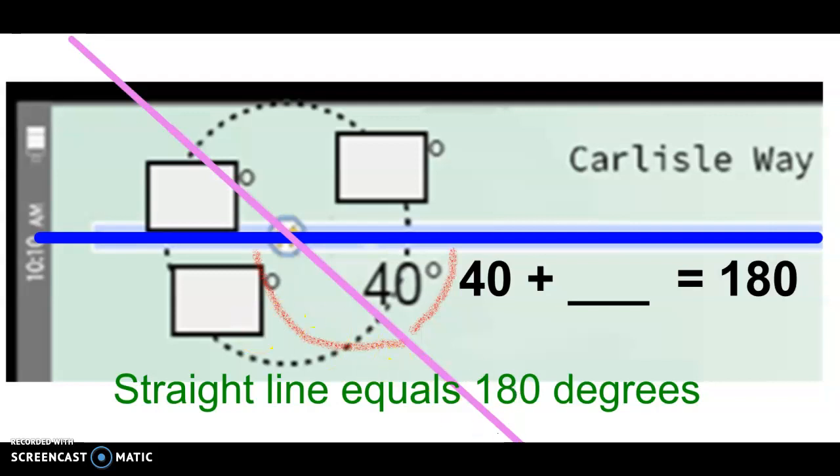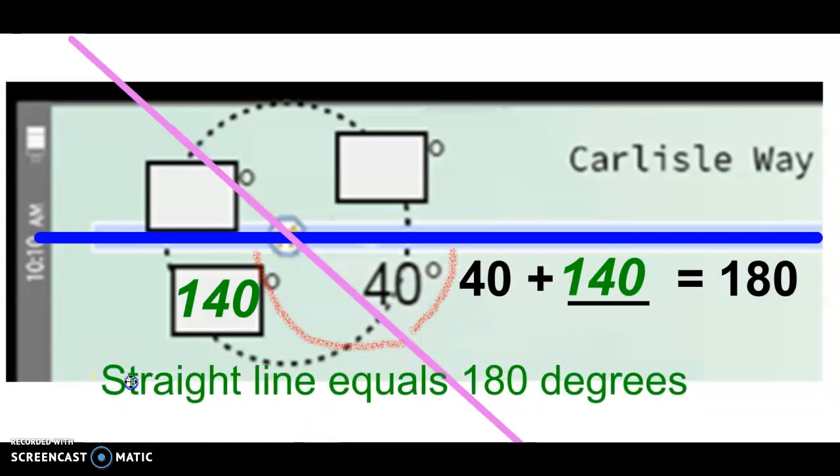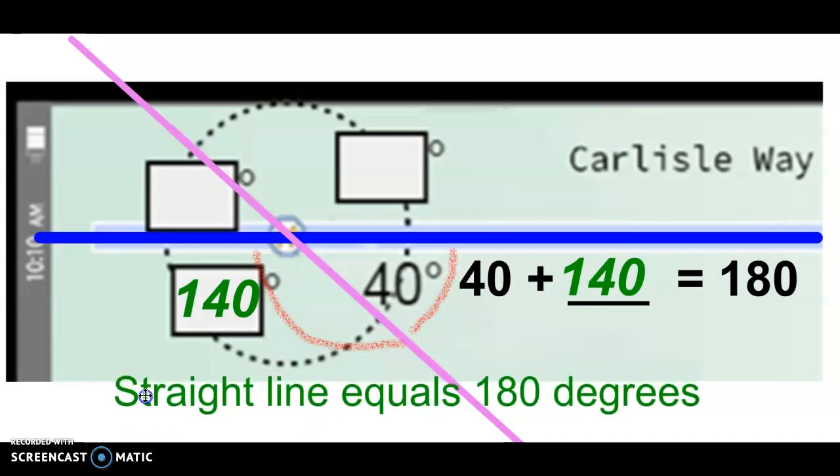If I do the subtraction, I can count up from 40 to 180, or go 180 minus 40, and I get 140 degrees. 40 plus 140, does that equal 180? So this angle here is 140 degrees. And what did I use? I used my knowledge that all straight lines equal 180 degrees.